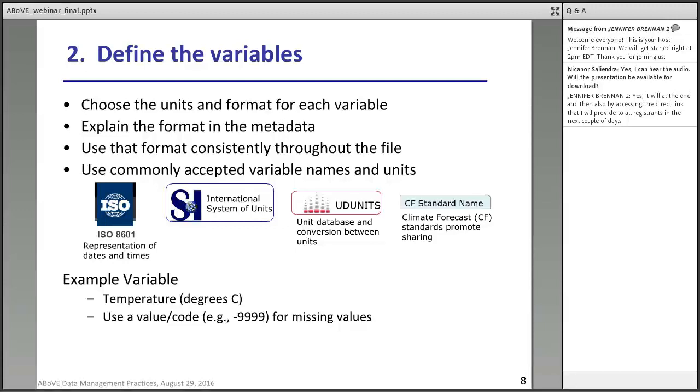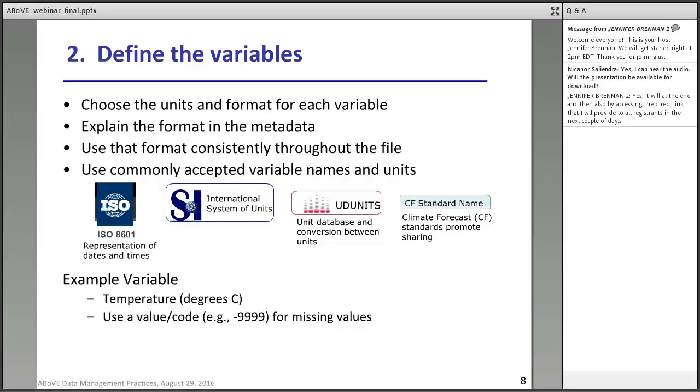And assign commonly accepted names and units to variables. You may want to check with ISO 8601 to find standard ways of representing dates and time. The International System of Units and UDUnits provide you guidance on choosing data units.